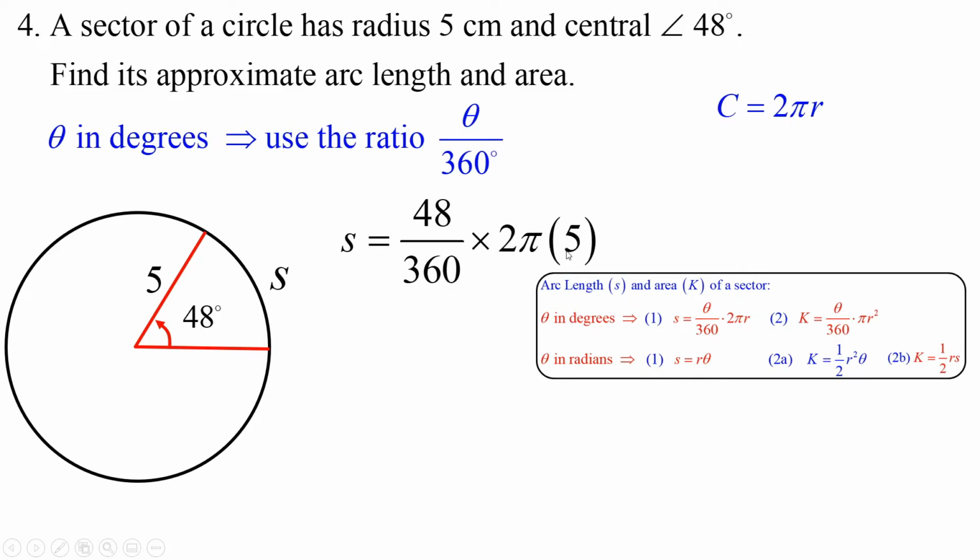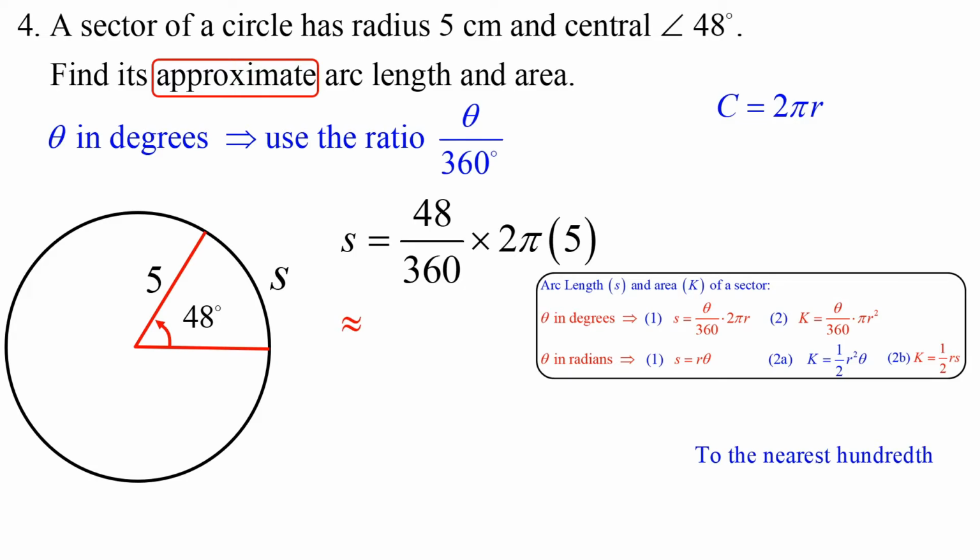It's a 5. Now, they asked us to approximate this, which means we're going to punch this all out, including the pi, and what we round to, that's up to us. They didn't tell us what to do. So as long as we round correctly, it doesn't matter if we round to the nearest whole number, to the nearest tenth, to the nearest 100th, to the nearest thousandth. Personally, I usually like to round to the nearest 100th in pre-calculus, but I'll mix it up on you guys time again here.